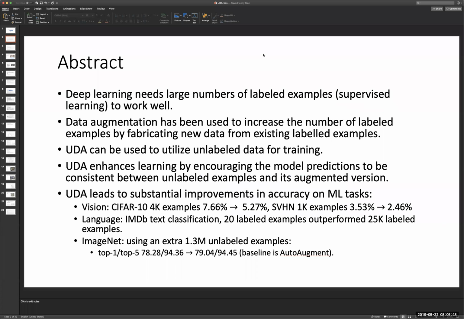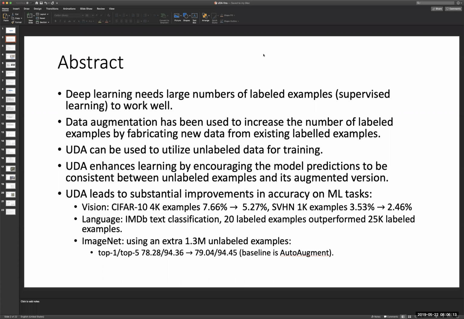Deep learning needs large numbers of labeled examples to work well. So this would be supervised learning. Data augmentation has been used to increase the number of labeled examples by fabricating new data from existing labeled examples.